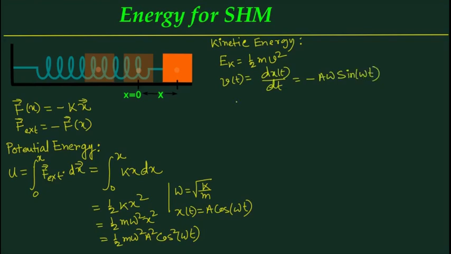So the kinetic energy will be half m v square, that means half m a square omega square sine square omega t.